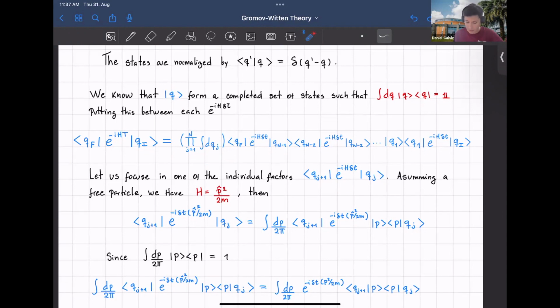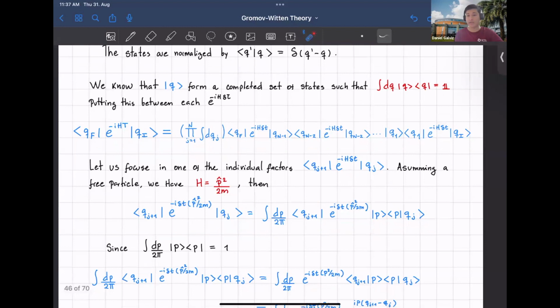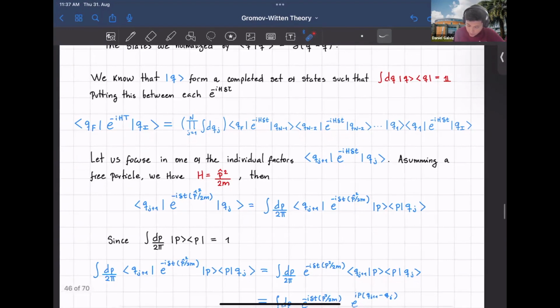Just to describe the easiest case, because we are more interested in what is happening. So we will take one of these and then replace the Hamiltonian. Of course, you can insert, using the completeness property of the momentum, because this is also another state. Then you can put it inside here.